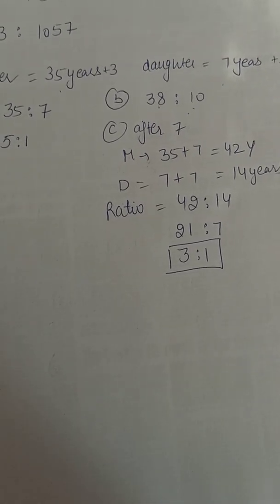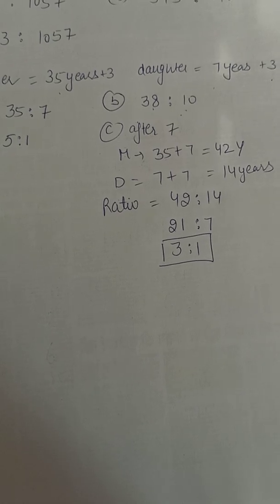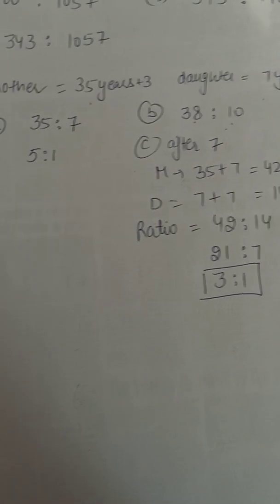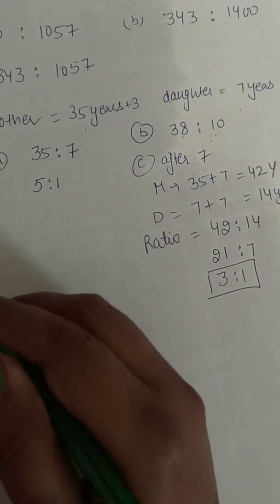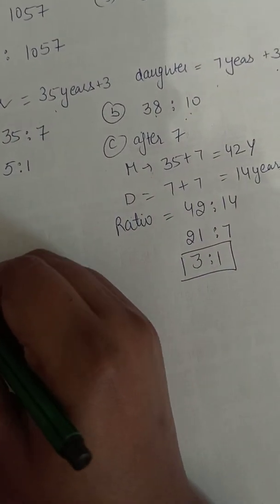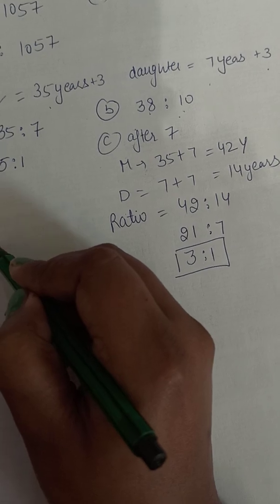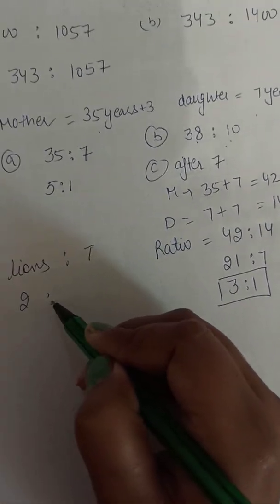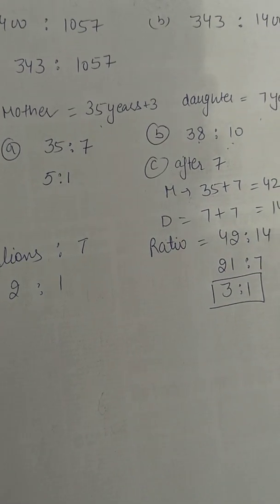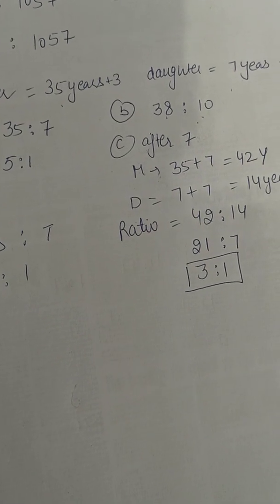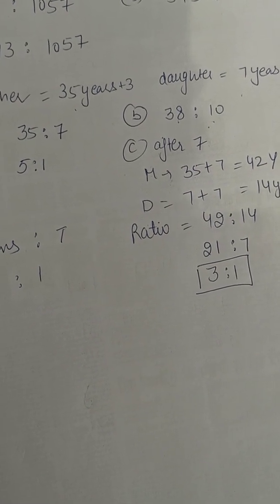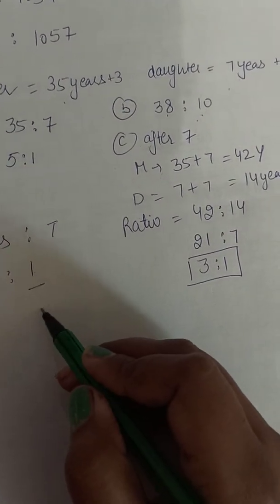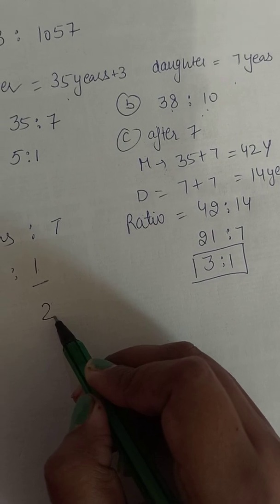Now, the last question, question number 15. The ratio of the number of lions and tigers in a zoo is 2 ratio 1. Lions ratio tigers 2 ratio 1. If one of the tigers died and 2 new tigers have been brought to the zoo, look, 1 died, 2 new came, it means the ratio changes.